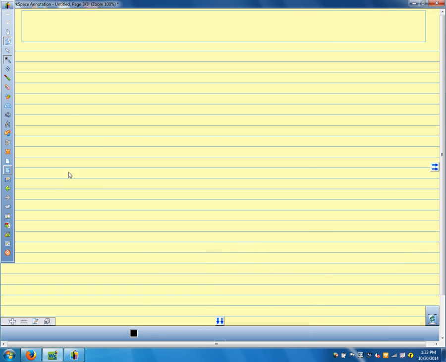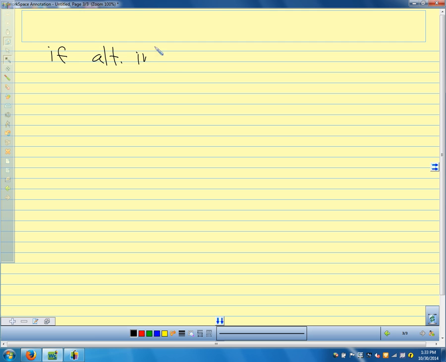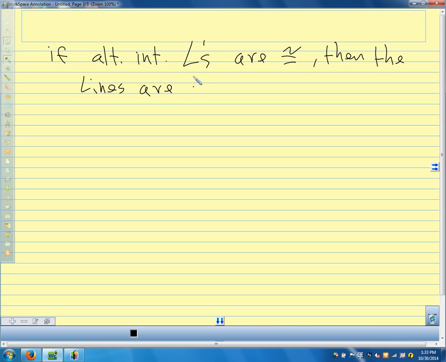Okay. Let's move down to the lower left. Alternate interior angles. If alternate interior angles are congruent, then the lines are parallel. And what are our alternate interior angles there?